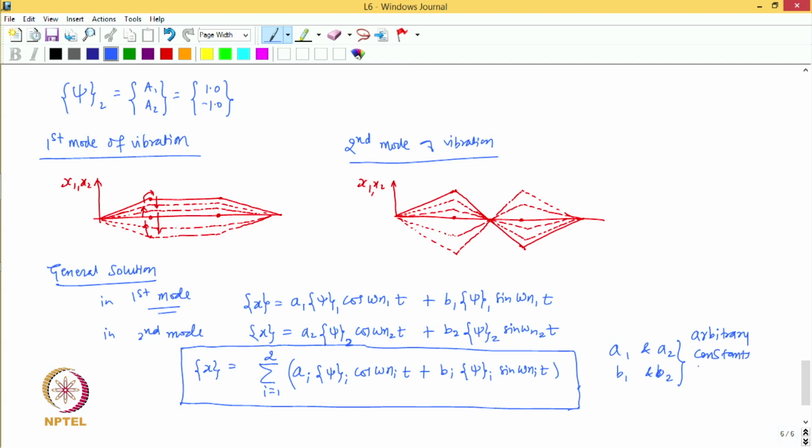right, and their values depend on how the system was excited and what the state of the system was when the motion started, right. So, their values depend upon initial conditions, on the state of the system.